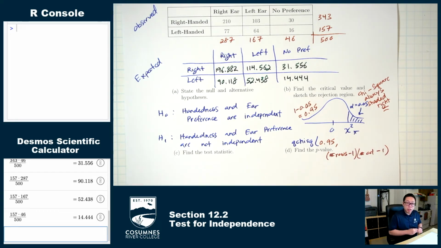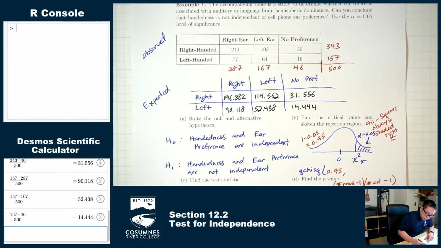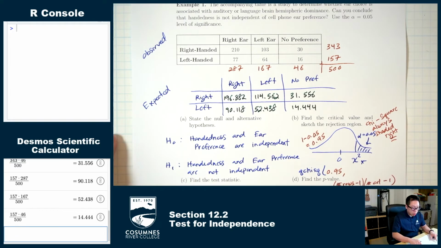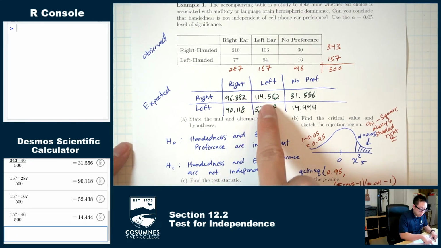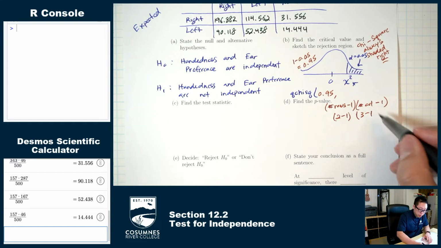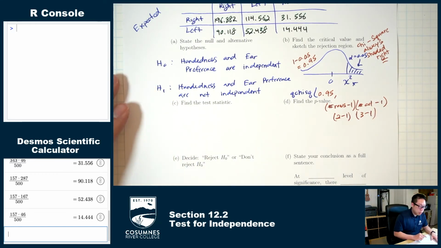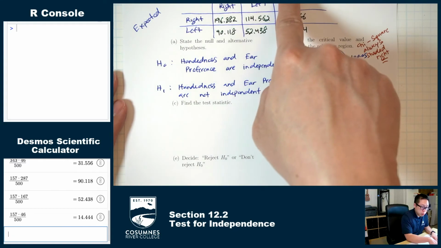And in our case here, number of rows, there's 2 rows. Minus 1 will be 1. Number of columns, 1, 2, 3 columns, minus 1. So that's 3 minus 1. And when I say rows and columns, I just mean the rows and columns of the original numbers.